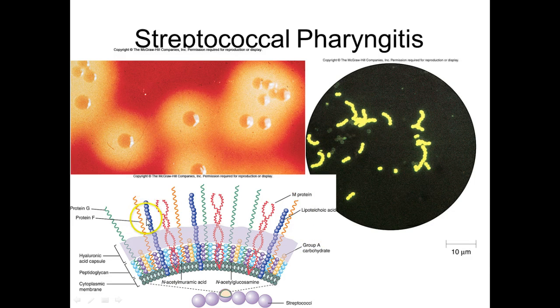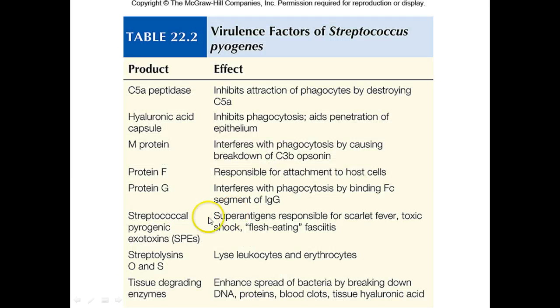And so notice they have many different virulence factors and components on their surface that interfere with our ability to recognize them. So there's that specialized capsule that inhibits phagocytosis. M protein is the one that causes the breakdown of C3b, that opsonizing agent from complement, remember? So we're not able to detect it with complement.